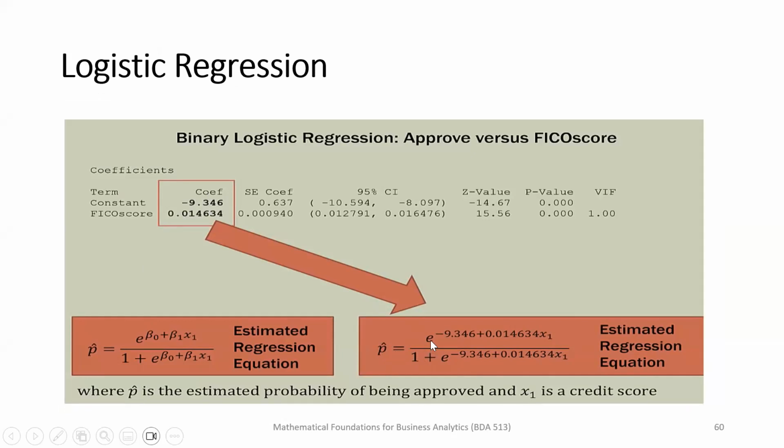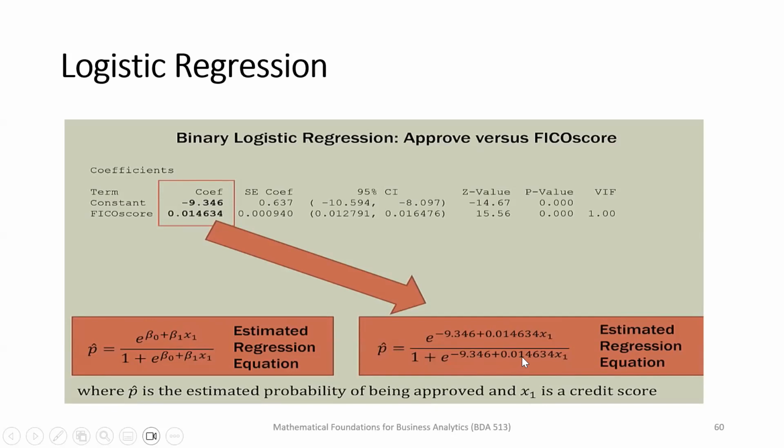So you have the Euler. Remember, the Euler is a constant. So Euler raised to the power of the intercept plus the coefficient of the FICO score times your X1. It's the same thing here.